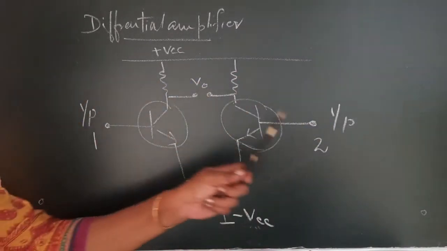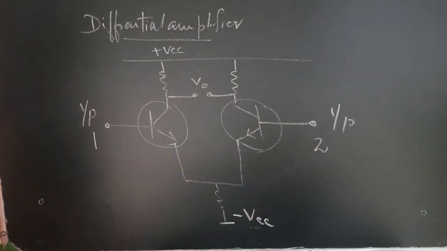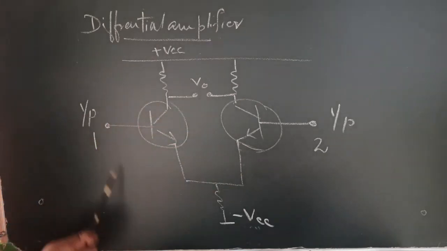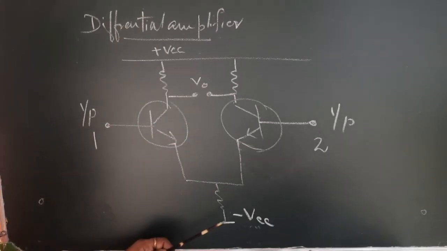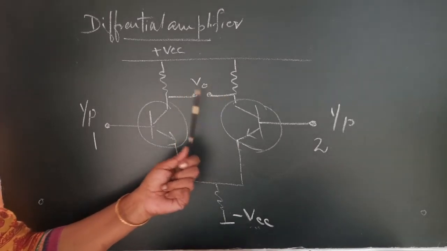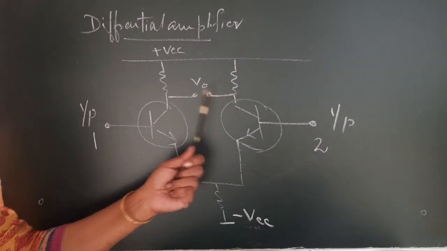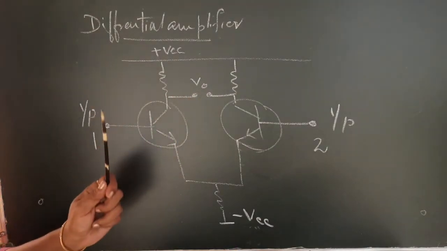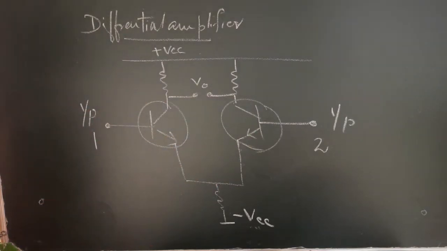So, difference between the two input terminals will be taken as the effective input for this amplifier unit. And if you are taking differential output, the difference between the two collector potentials will come out as the effective output. So, this is the differential mode.